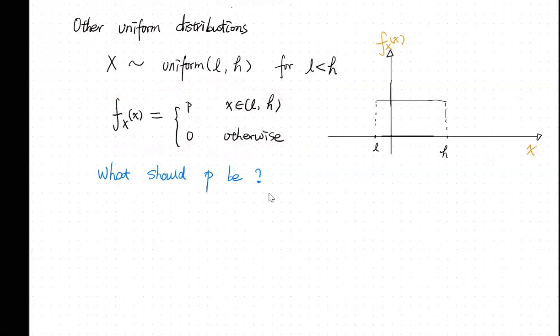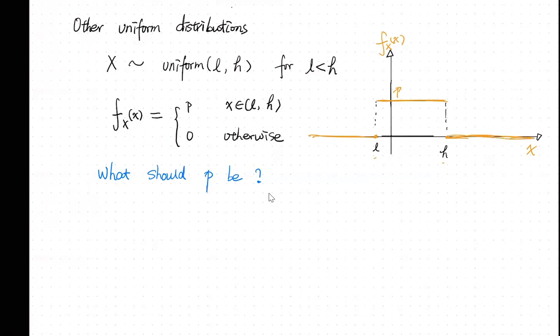So if you draw that on a graph, then you first identify this lower and upper endpoints of the interval L and H. And on that interval, the density is flat at some positive value, P, and it's 0 elsewhere. So that's the probability density function of the uniform distribution on L to H.